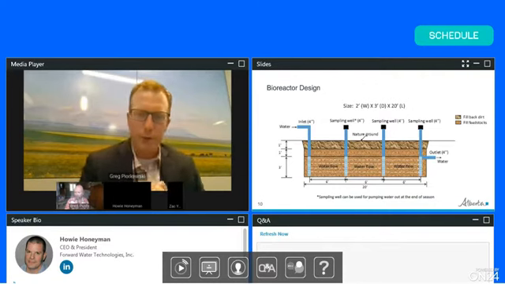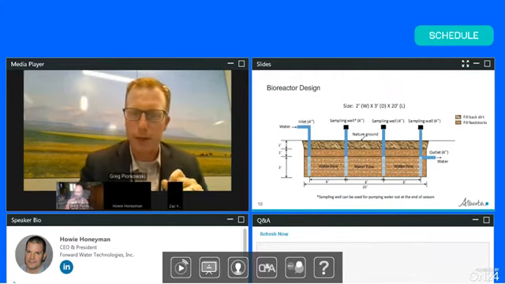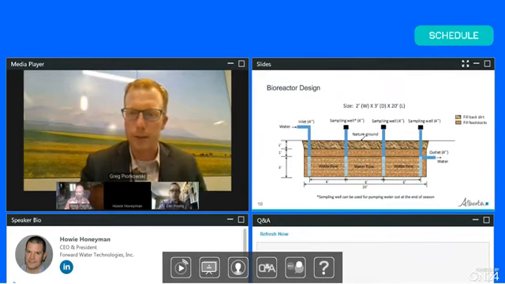This is a very crude conceptual diagram of what our pilot scale bioreactors look like. Again, these are not high-tech systems. It's basically a trench filled with some organic material, with about 1 foot of a soil cap. Then we put the water through it, and by nature of biological activity within that organic matrix, it converts the nitrate to a gaseous form.